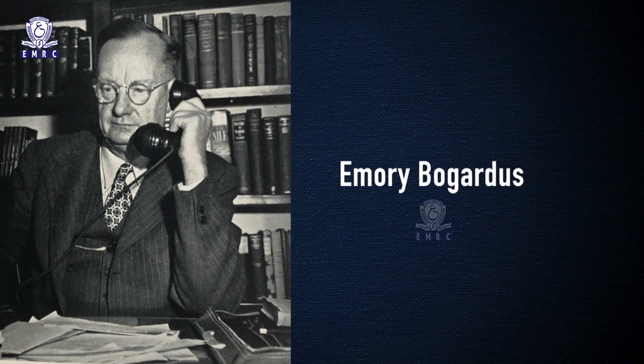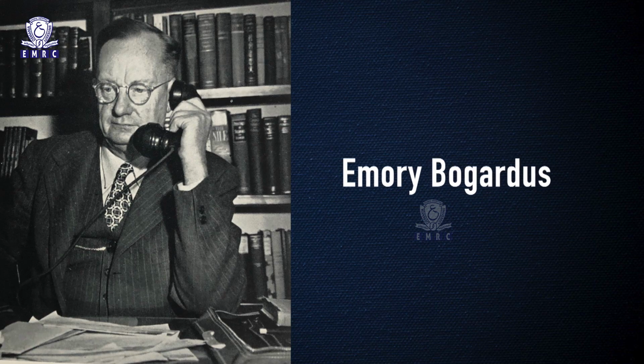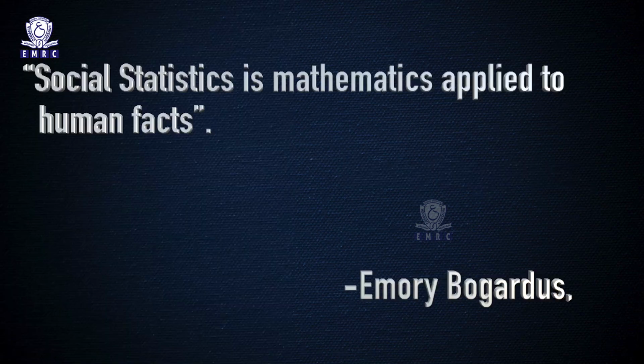The statistical method. The statistical method is used to measure social phenomena mathematically, that is, with the help of figures. According to American sociologist Emory Bogardus, social statistics is mathematics applied to human facts.